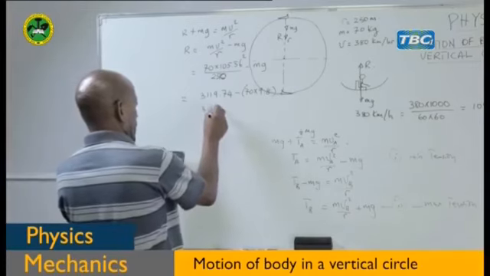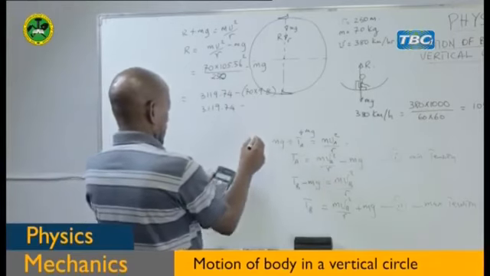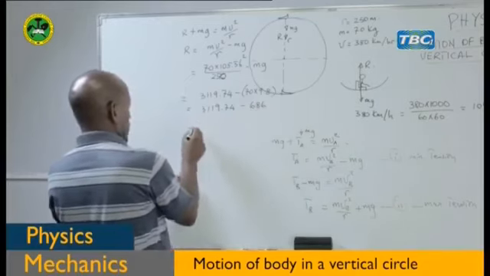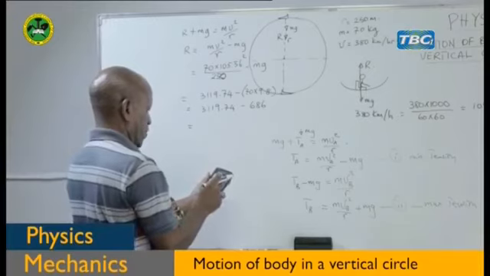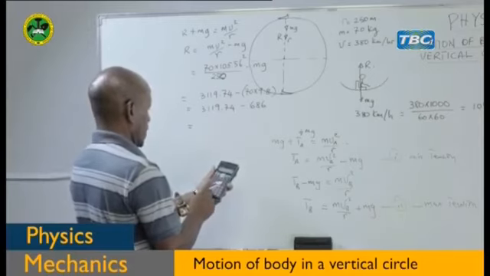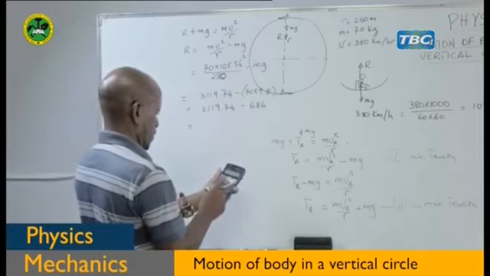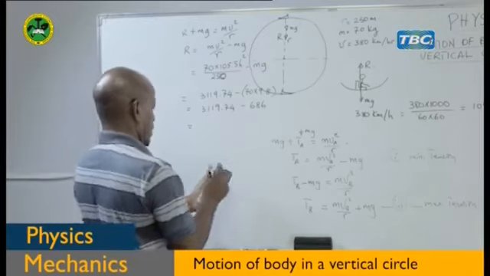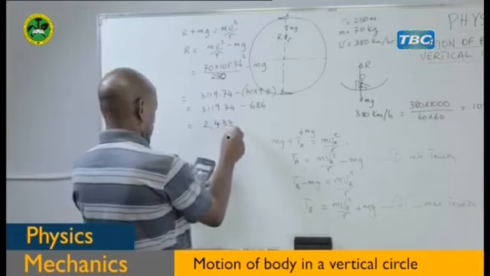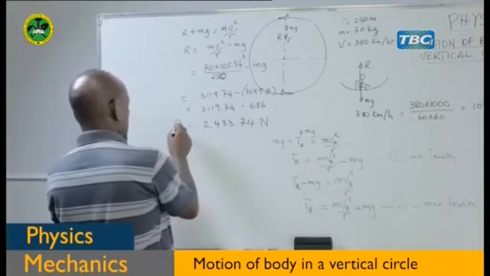So we'll be having 3119.74 minus 686. So if you take the difference here, then we are going to get 2,433.74 newtons.